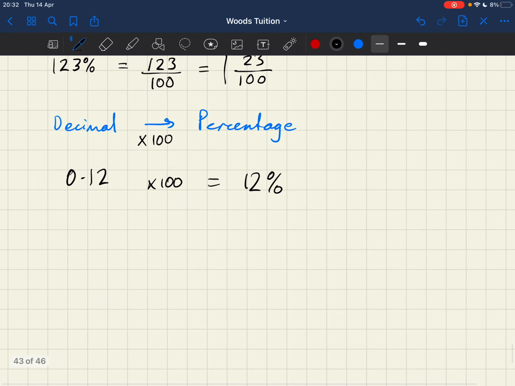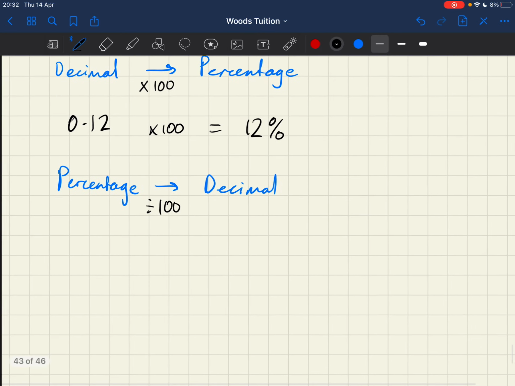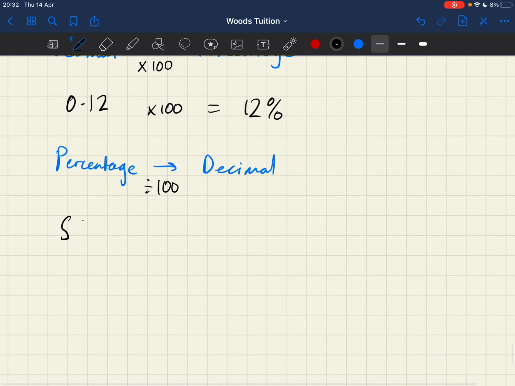Okay, and then going from a percentage to a decimal, you just divide by 100. So if we've got 573%, that's going to be equal to 5.73, because that's what 573 divided by 100 is.